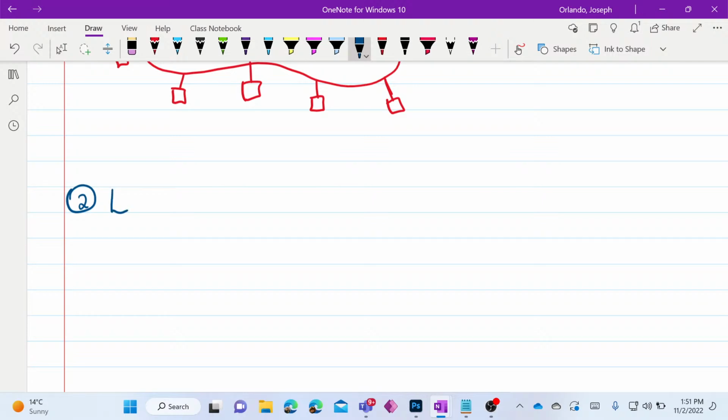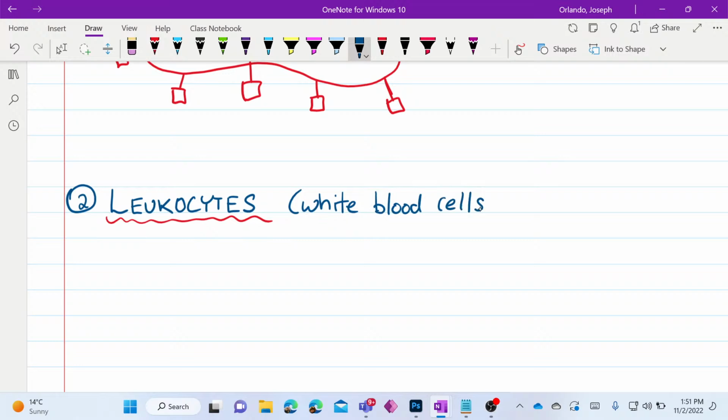What's another type of blood cell? Very good. We call these leukocytes. Is this for leukemia? Yep, leukemia is cancer of the white blood cells. Leukocytes are also more commonly known as white blood cells. That, by the way, is because leuka is, I want to say Latin, could be Greek. Somebody check.